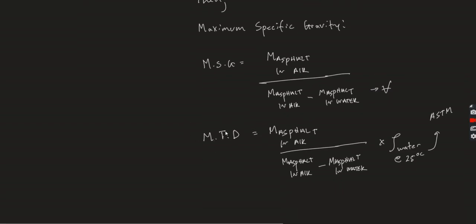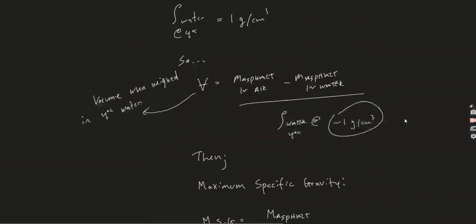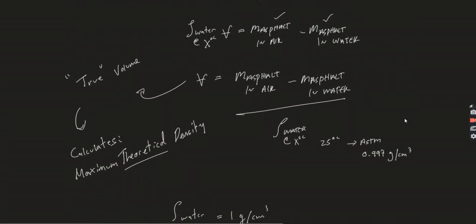Now the maximum theoretical density is the mass of asphalt in air divided by the same thing that's here, but you're going to multiply by the density of water at whatever temperature the water bath is at. The ASTM is 25 degrees, so you should be at 25 degrees Celsius. And that's because of this volume here for the density divided by that.